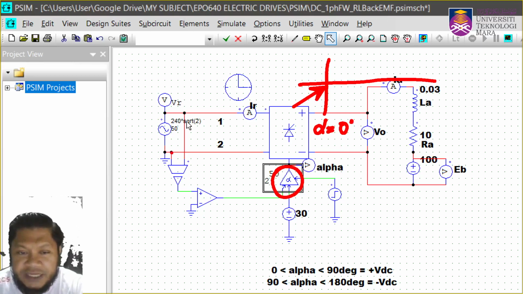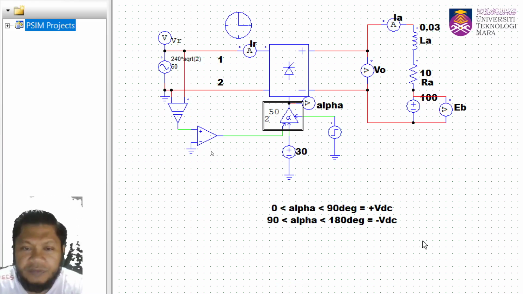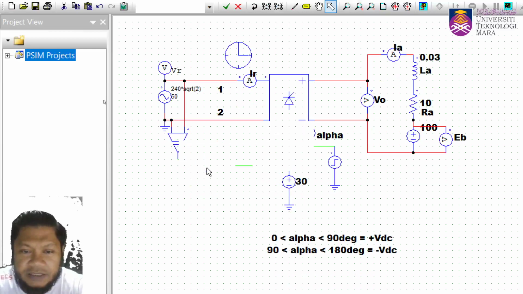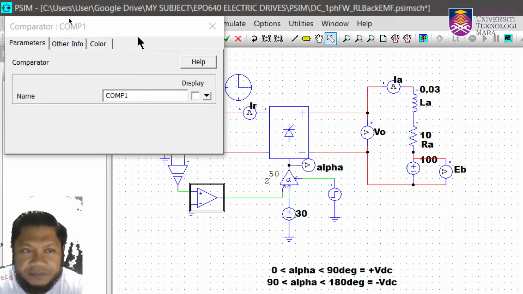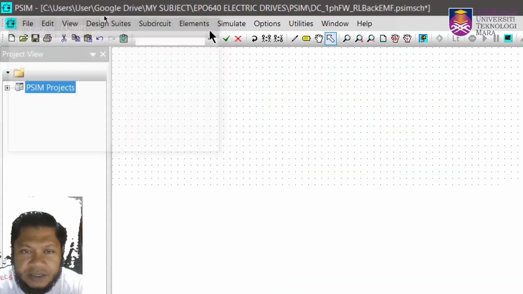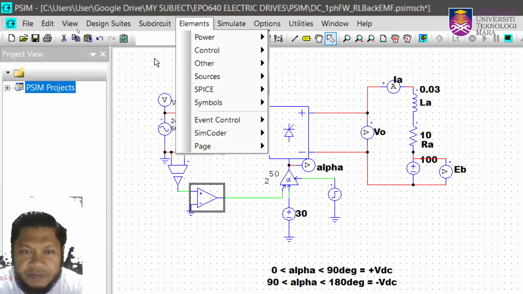So you have to sense the supply voltage and then compare with 0. So this is a comparator, and let me show you. If I click, this is a comparator, right? You can look for the comparator in the elements.